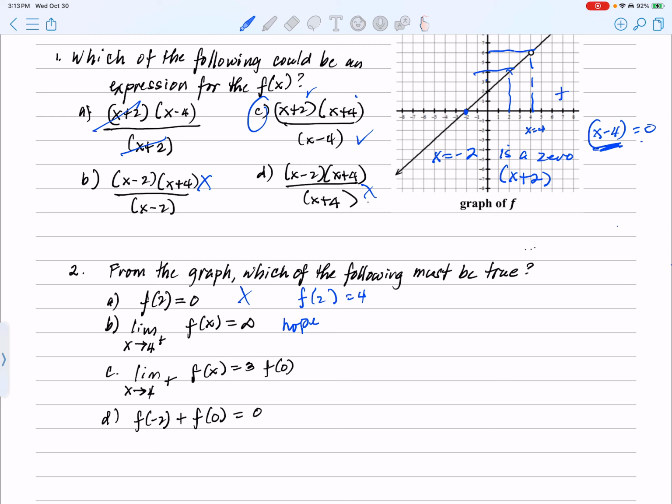Okay, let's look at this. At 4, the limit of x at 4 from the right is 6.